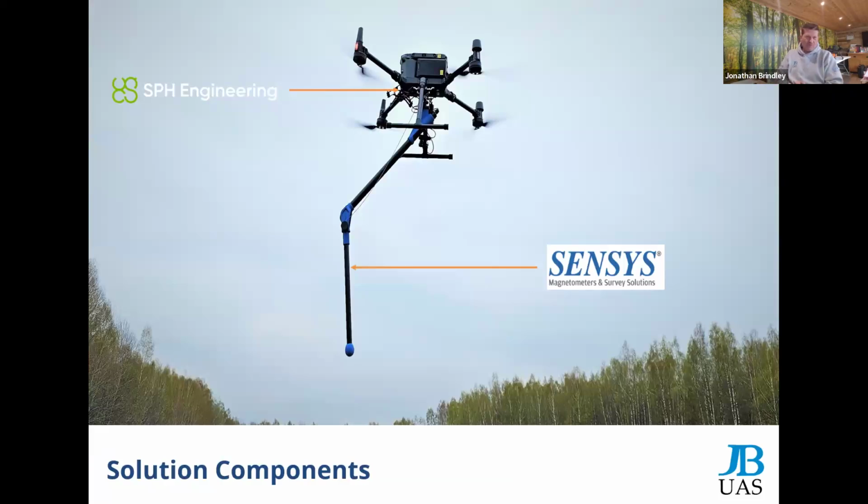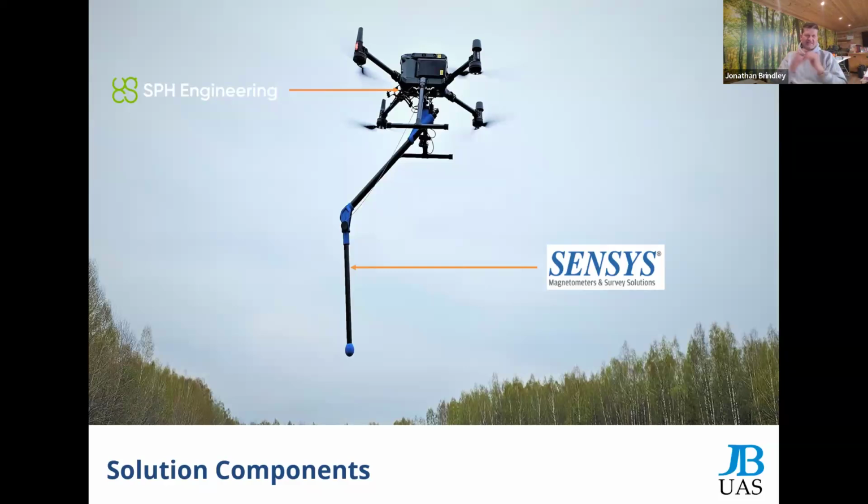So let's crack on with what we're really here for, which is the new R1 from SENSYS, and have a quick look at the solution components. We're talking about a solution made up of two main parts.